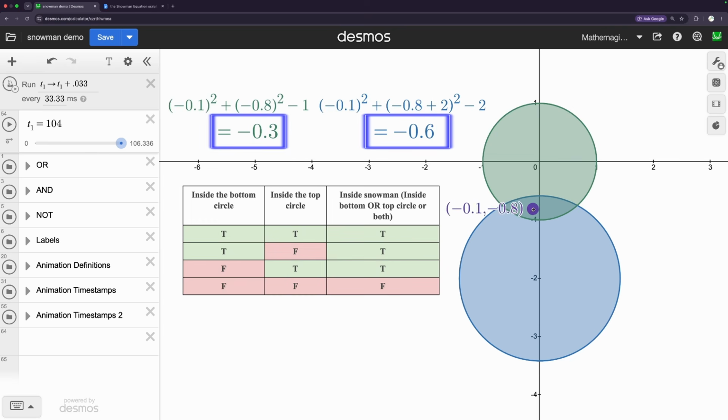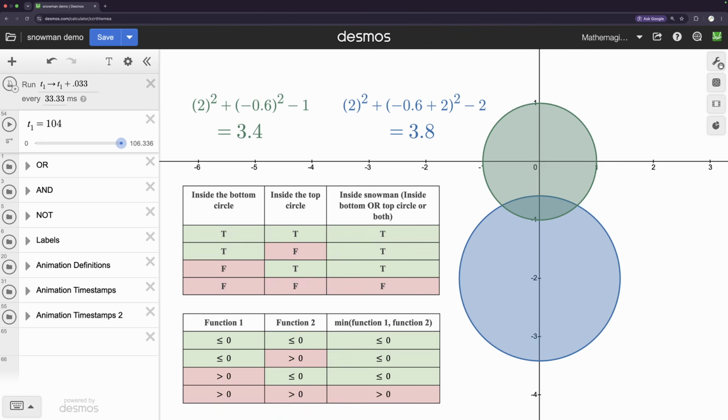Another way of saying this is that we only care if the smaller number is negative. We can ignore the bigger one, because if the bigger one's negative or positive, who cares? So taking the minimum of our two outputs gives us the exact same truth table as we had before. So min, or minimum, is equivalent to or.